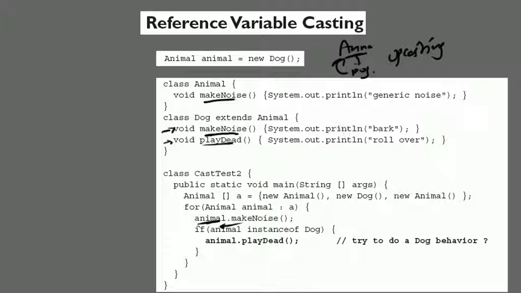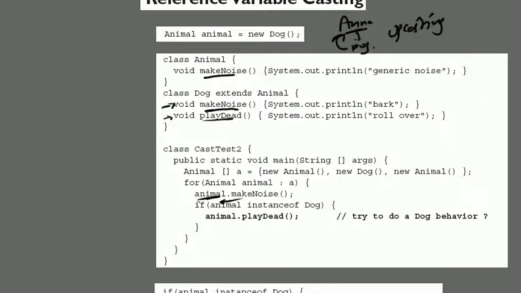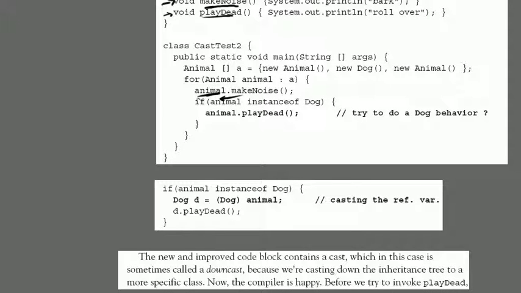This is how you would do it. If animal, which is a reference, refers to an object which is an instance of dog, you still can't directly invoke play dead.